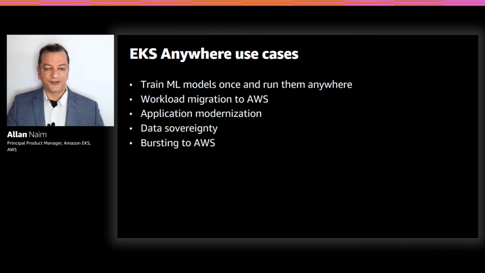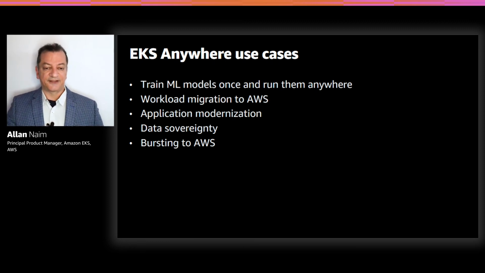Another very common use case we hear about is data sovereignty. Some customers have applications that need to run on-premises due to regulatory, latency, and data residency requirements, or cases where they have to use existing infrastructure. EKS Anywhere helps to transition the stateless parts of these applications to the cloud while keeping the data in place.